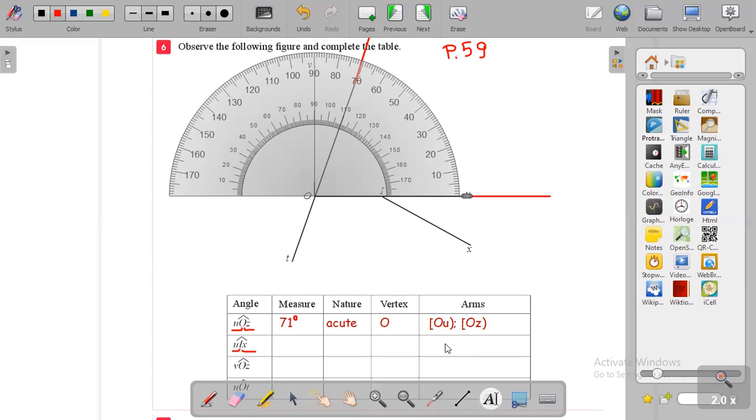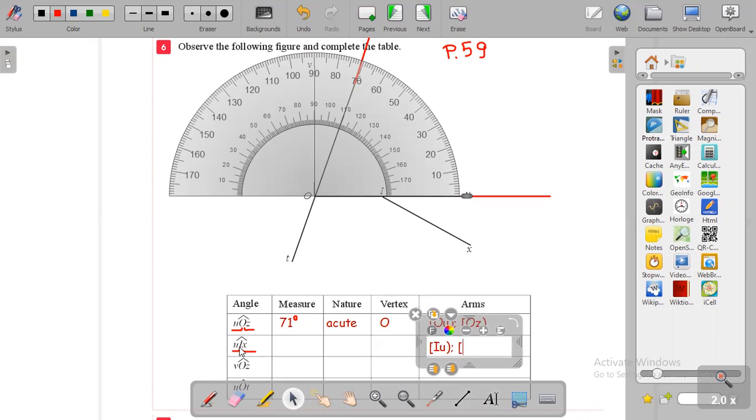So let's write the arms here. They are semi-straight lines, so we put bracket I, capital I, small u, parentheses because they are semi-straight lines. Small x.